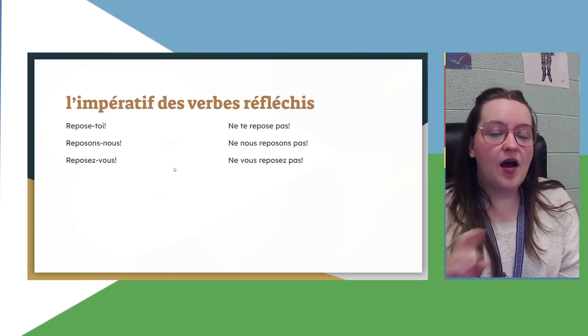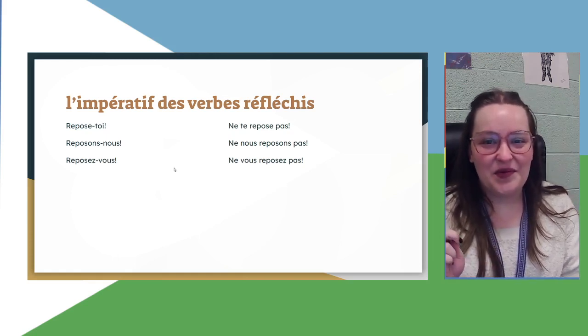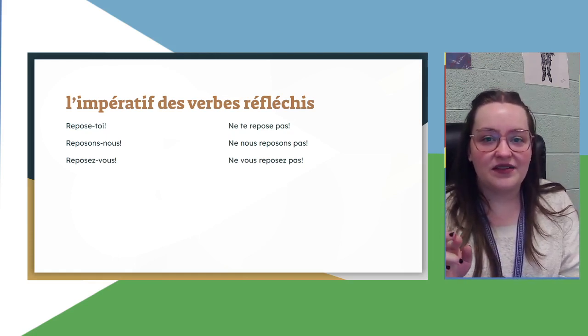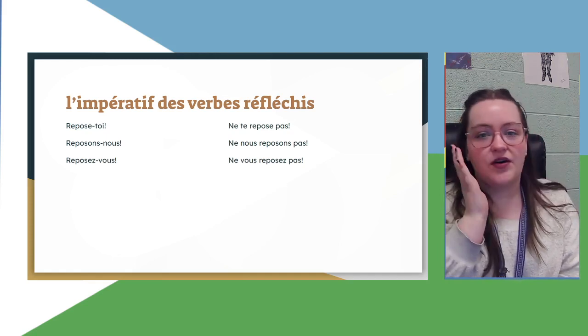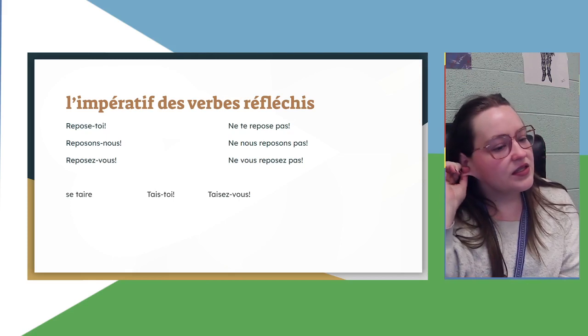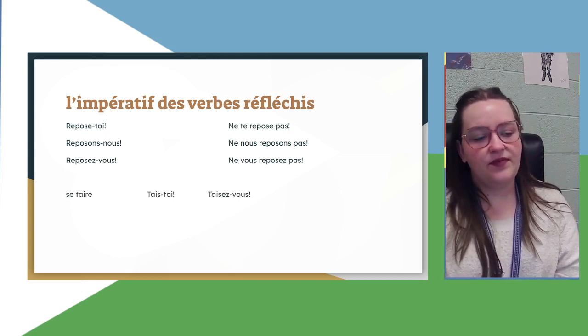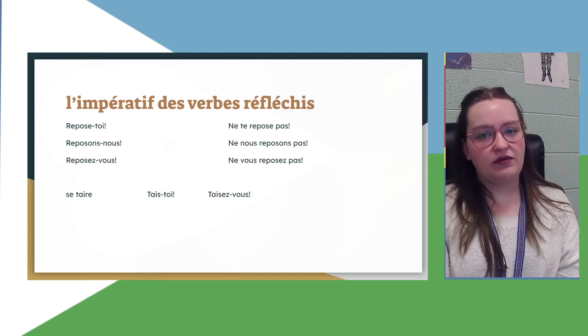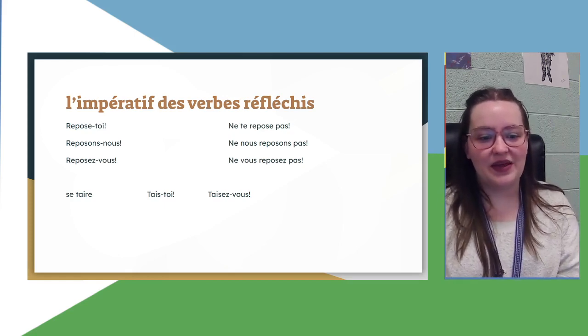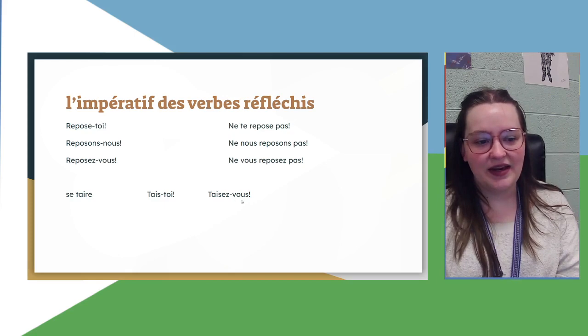So then, a couple more reflexive verbs. These two reflexive verbs are usually in the imperative. They are se taire. If we were in person, you would have heard me say taisez-vous quite a bit.